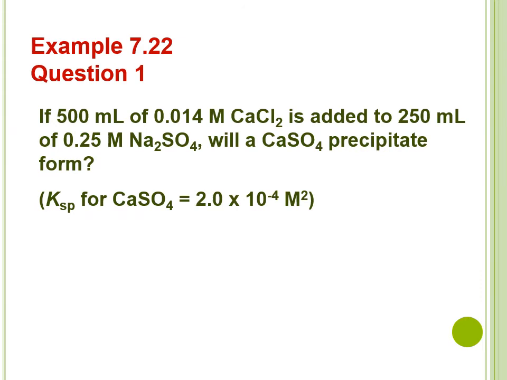If 500 milliliters of 0.014 molar calcium chloride is added to 250 milliliters of 0.25 molar sodium sulfate, will a calcium sulfate precipitate form? So notice that the cation is from calcium chloride, the anion is from sodium sulfate.